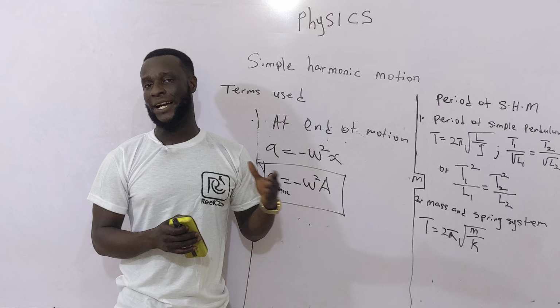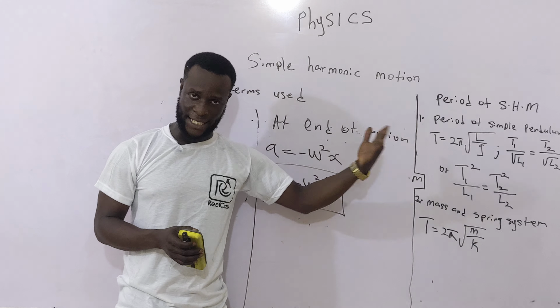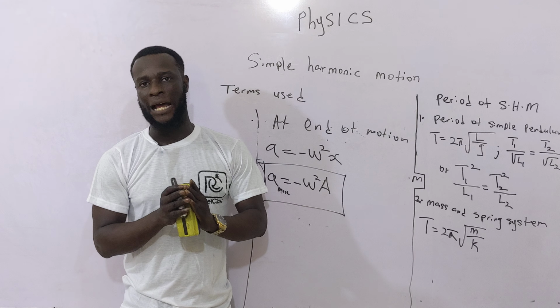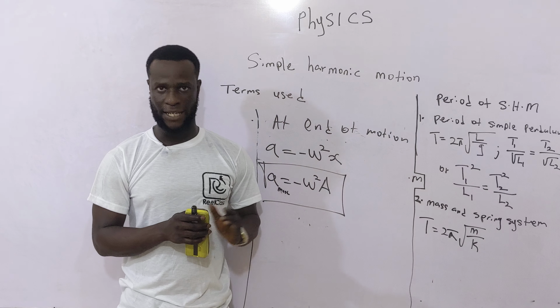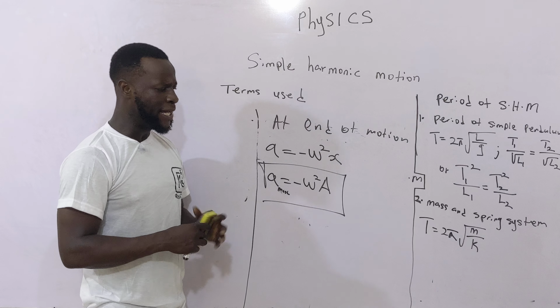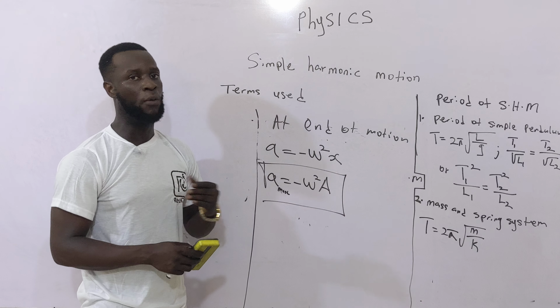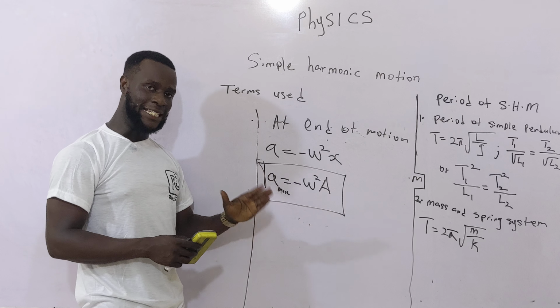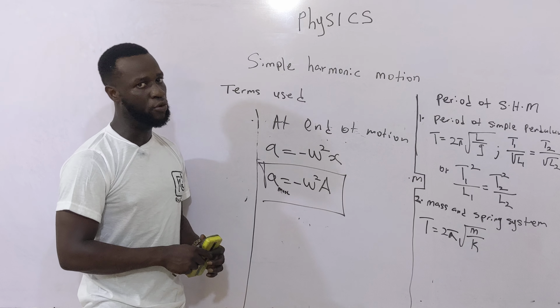And when potential energy is maximum, kinetic energy is equal to zero. So since at the end of motion, kinetic energy is equal to zero, it simply means that potential energy is maximum at the end of motion, and acceleration is maximum at the end of motion. At the middle of motion, which is the same thing as the equilibrium position, kinetic energy is maximum, so velocity is maximum, but potential energy will be equal to zero at the middle of motion.